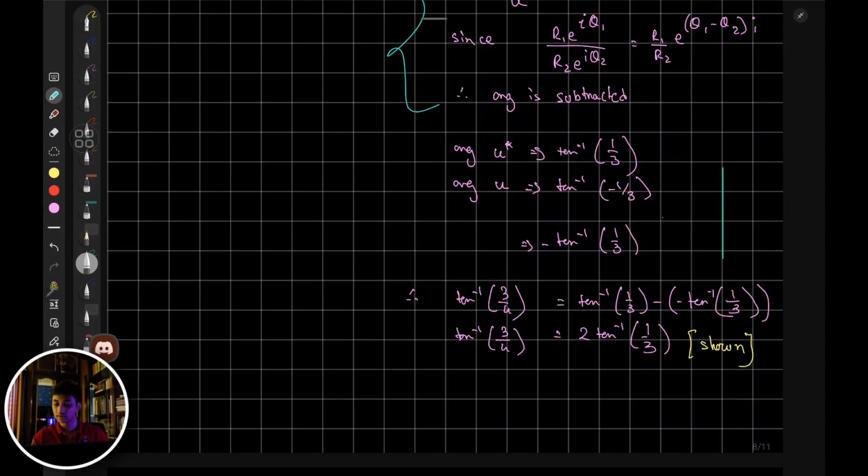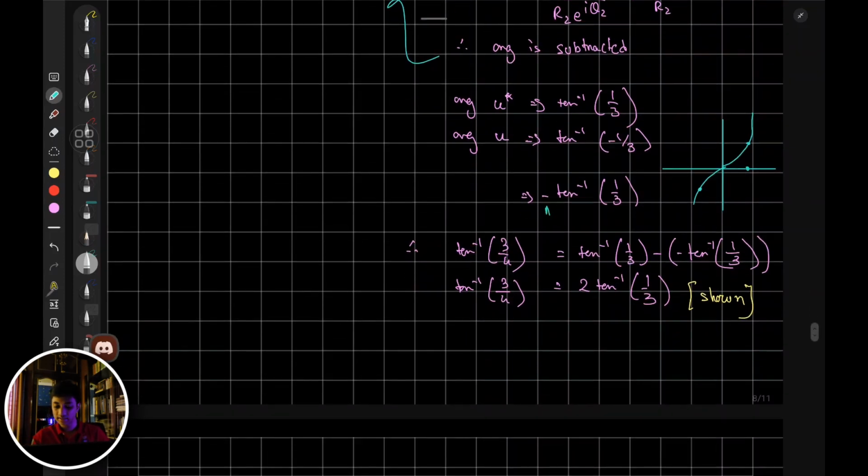Because if you look at the curve of tan, it looks something like this. When theta is positive, tan theta is positive. When theta is negative, tan theta is negative. Therefore, we can bring the negative sign in front.